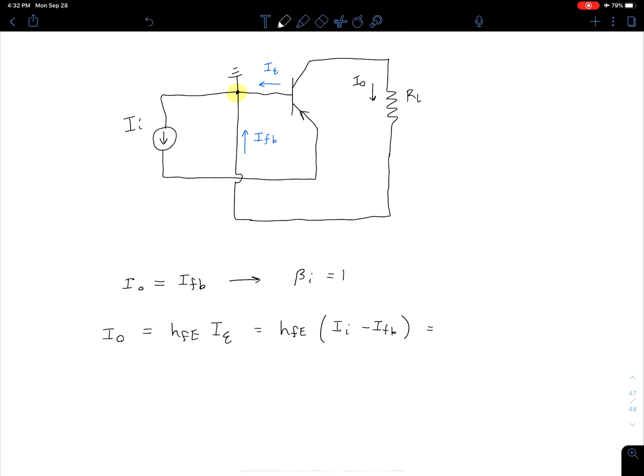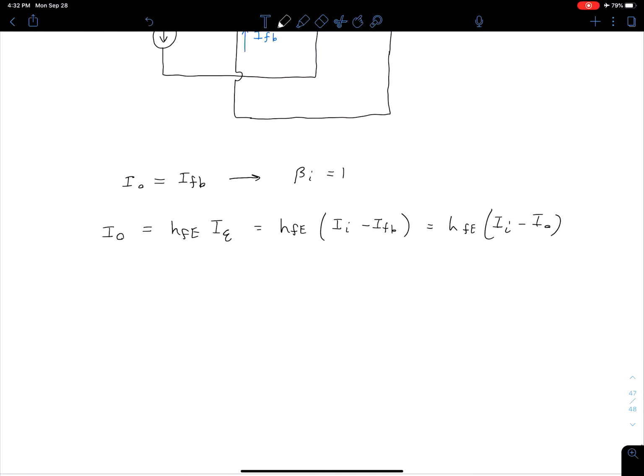Well, we also just said above that our feedback current is equal to our output current, so we have I in minus I naught, and what we can do is then get our I naughts on the same side, so we have I naught times 1 plus HFE is equal to HFE times our input current.